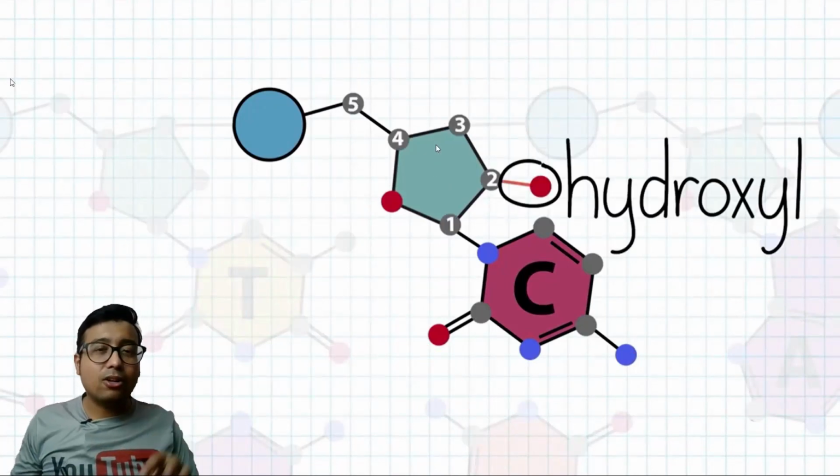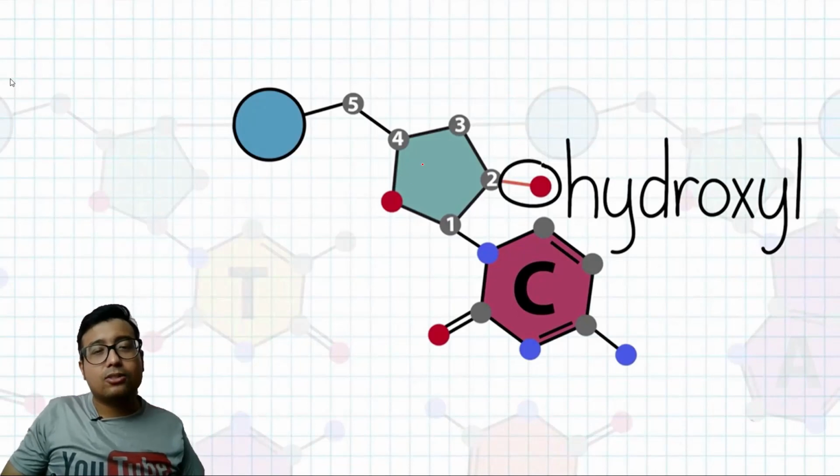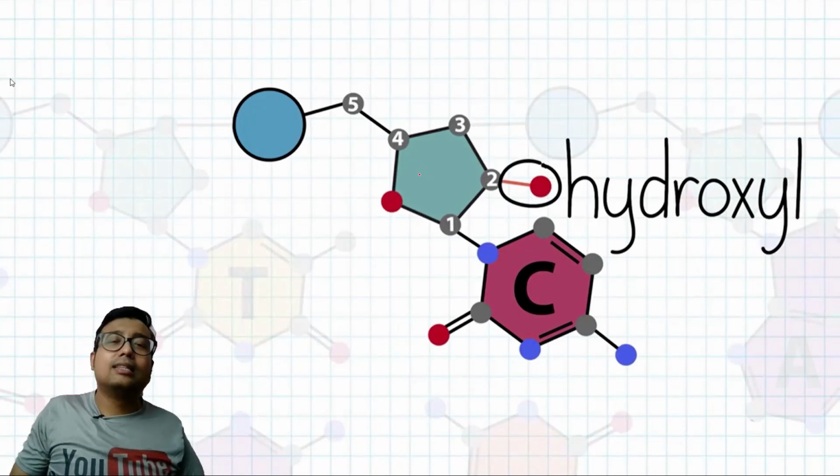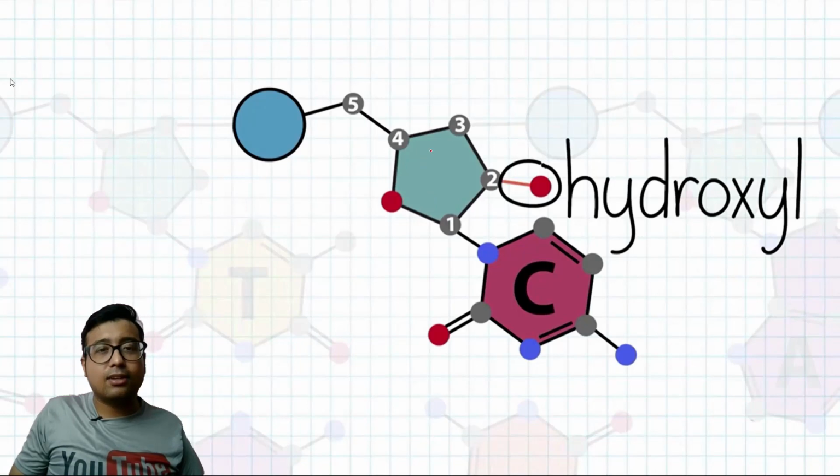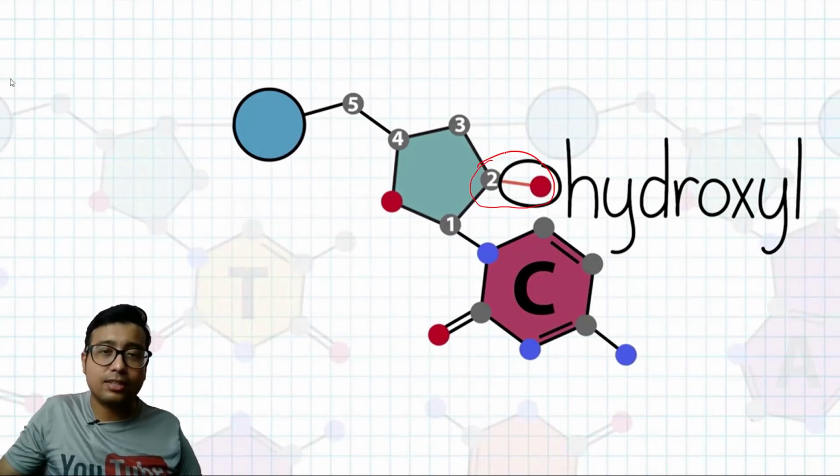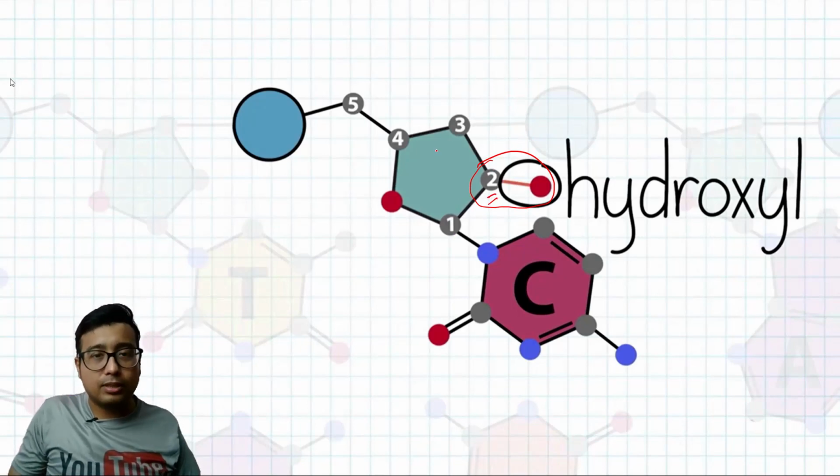So now we focus a bit on the sugar. Okay, so how is this special? This sugar in case of DNA has got this hydroxyl group removed, or it is devoid of a hydroxyl group at this position, right? Now what is this position?